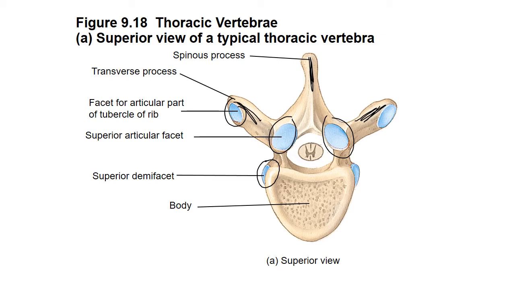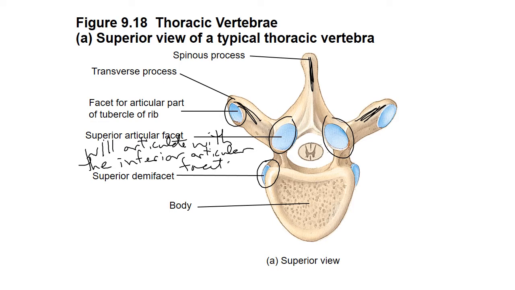So that superior articular facet will articulate with the inferior articular facet of the vertebra above it.